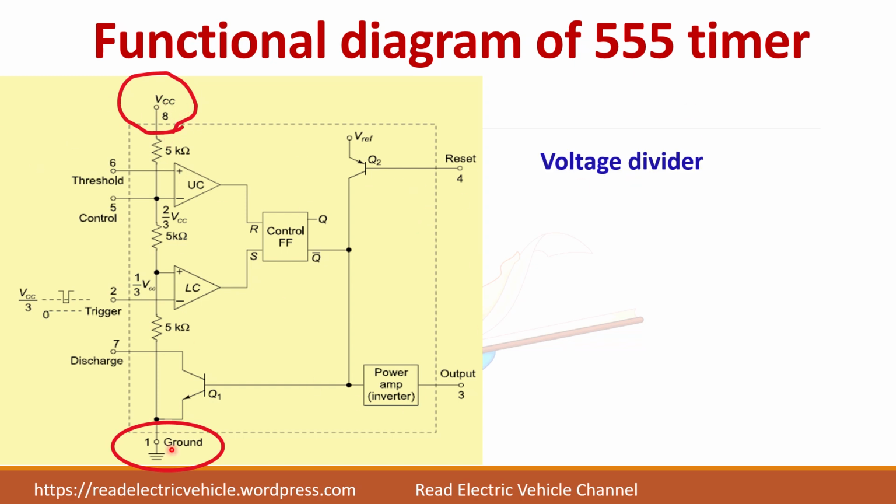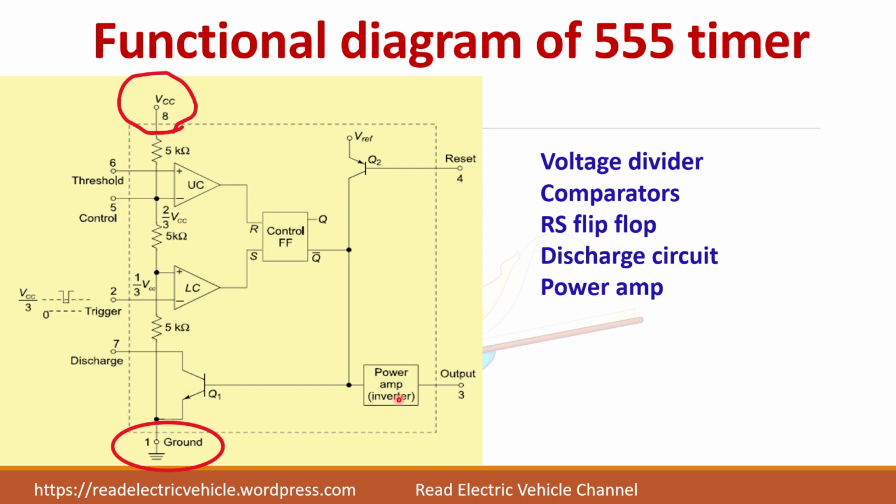Between VCC and ground we have a voltage divider circuit, and here you can see two comparators. Then you can see a flip-flop, and then one discharge circuit is there, and this is an inverter, that is the output section. Now we will see them one by one.